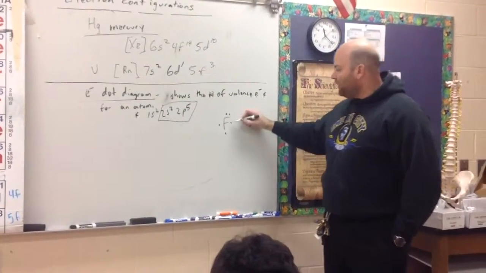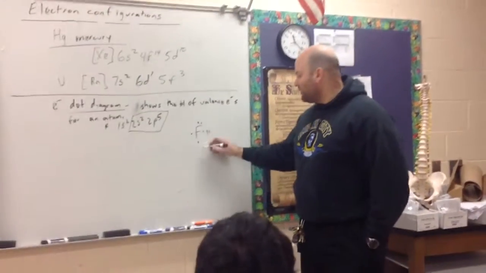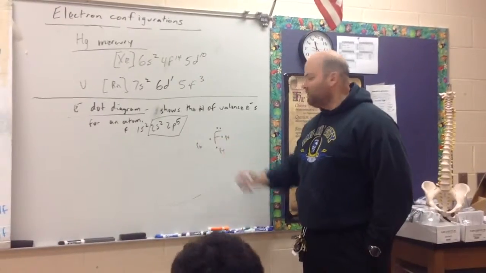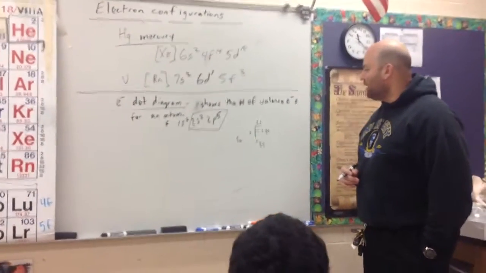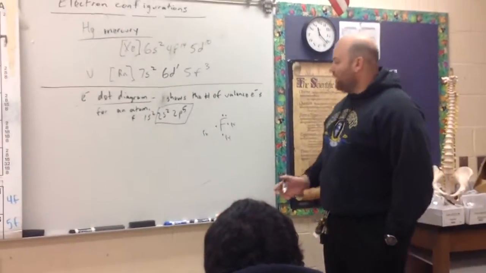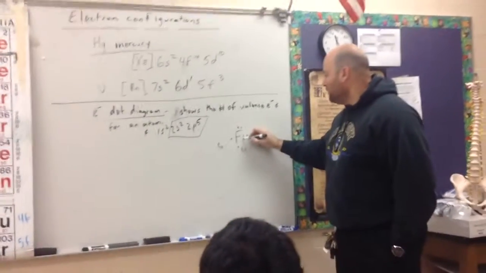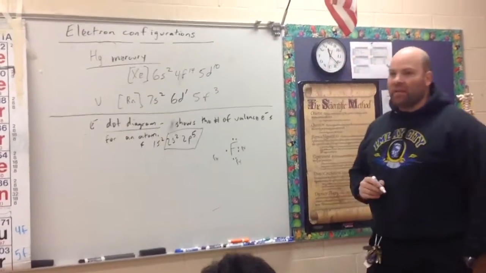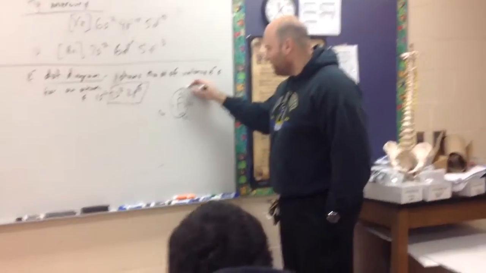So this would be, let's say, an electron in the p orbital that's on the x-axis. This might be the one that's on the py, and this one might be the one on the pz. We talked about the three different axes that the p orbital has. And then that gives you those. Well, now you're forced to put those guys together. So this would be the electron dot diagram for fluorine right here.